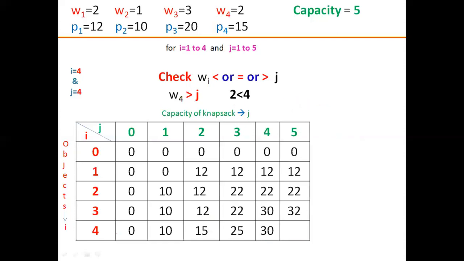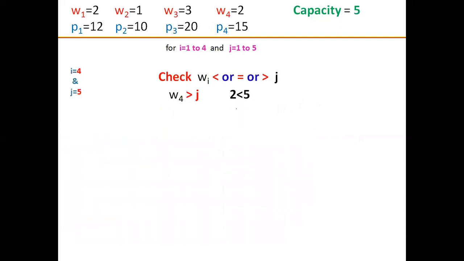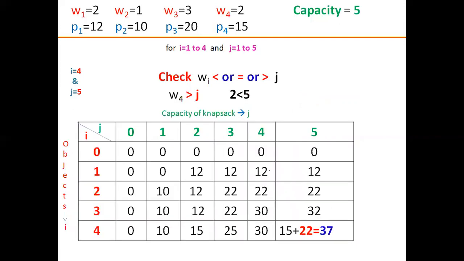Then finally we have fourth W4 column 5. What is W4? W4 is 2. Column capacity is 5. 2 less than 5. I can add the weight. By adding the weight, I will be earning the profit P4. P4 is 15 plus remaining capacity 5 minus 2. 5 minus 2 is 3.